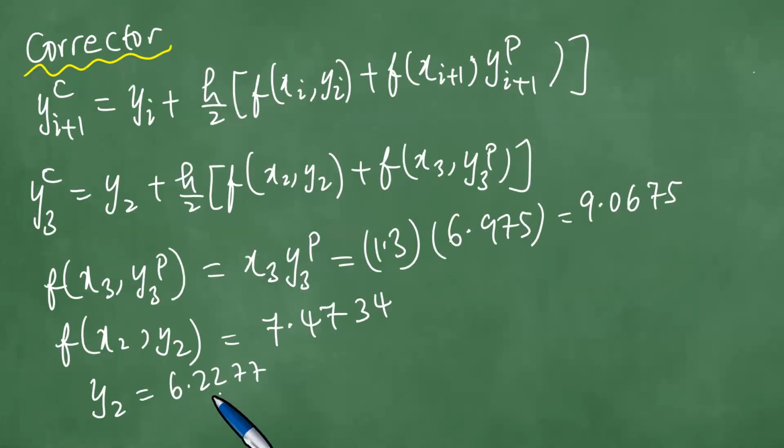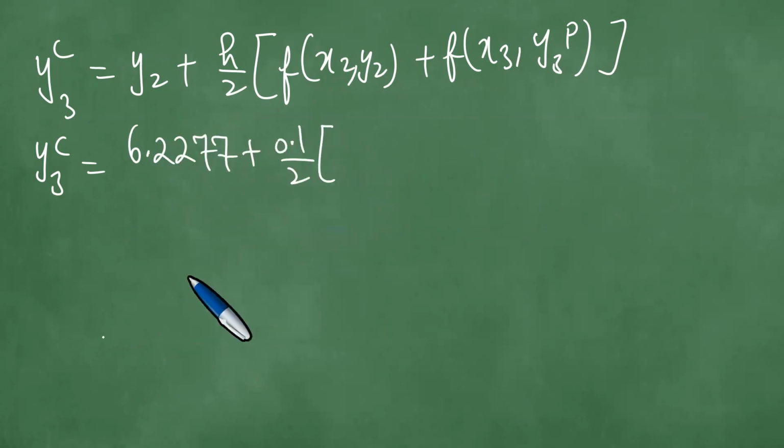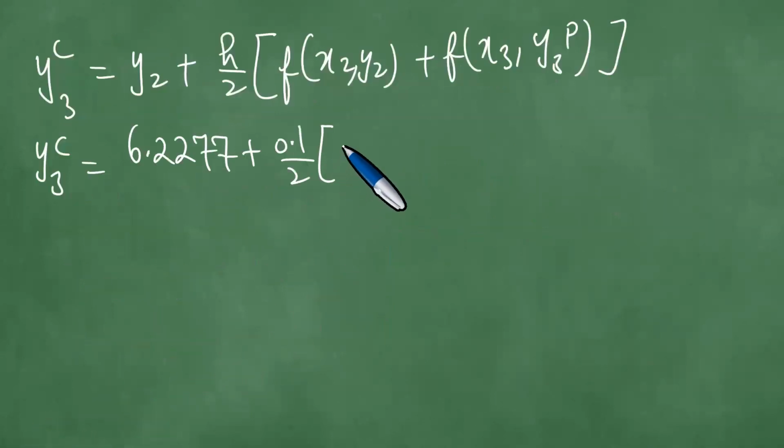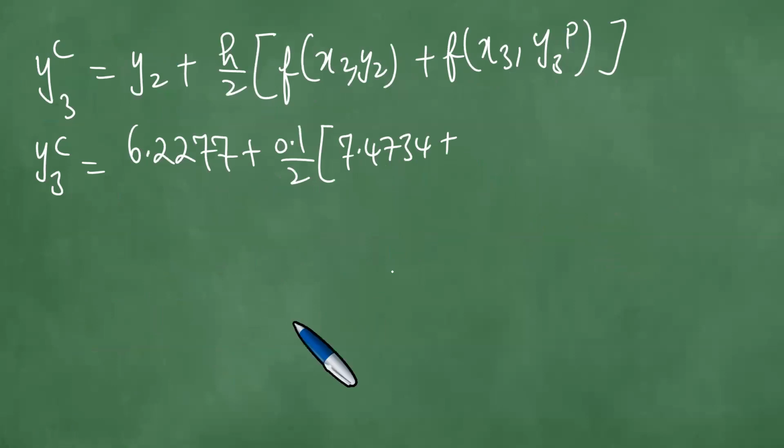We got y2 to be 6.2277, h is 0.1, f of x2, y2 is 7.4734, and f of x3, y3 is 9.0675. Okay, like this. And then we close.